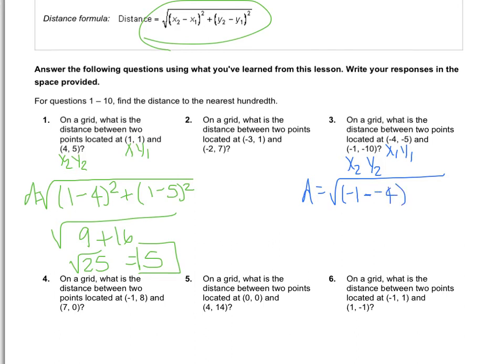So notice I have a minus sign and a negative sign there, and you do have to have both of those. Squared plus y2, which is negative 10, minus y1, which is negative 5, and again I do have to have both of those squared. And then you can go ahead and plug that in the calculator. And after plugging it all in, you should get an answer of 5.83. Always round to 2 decimal places.